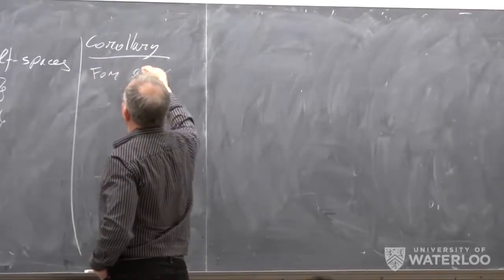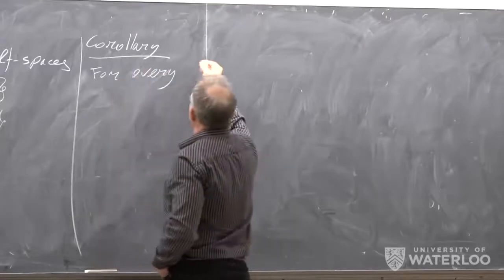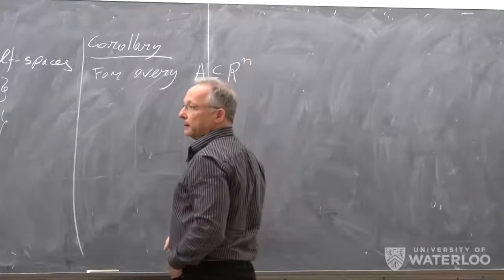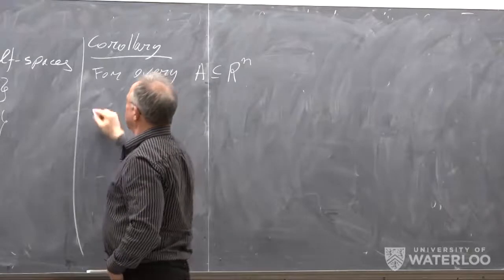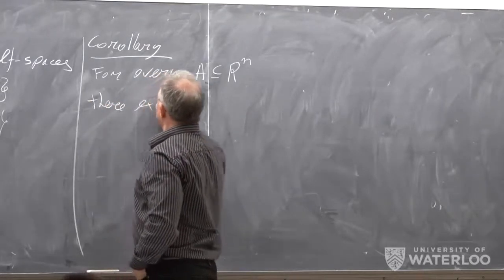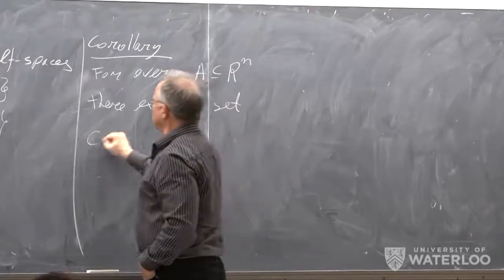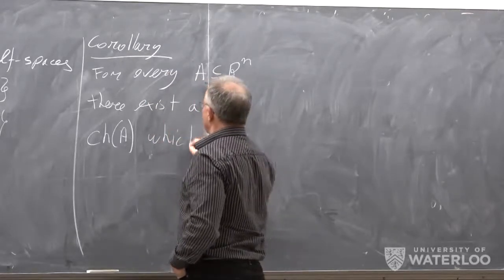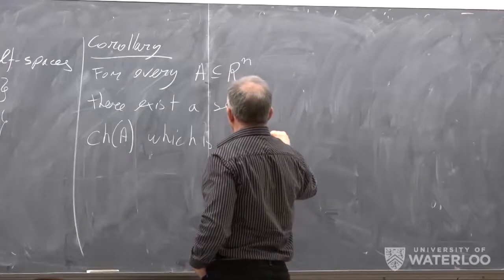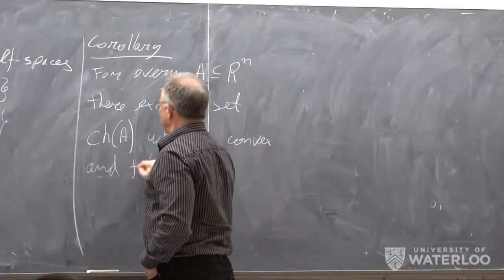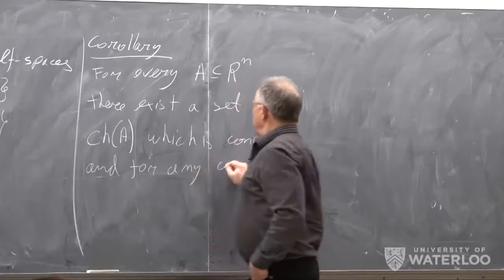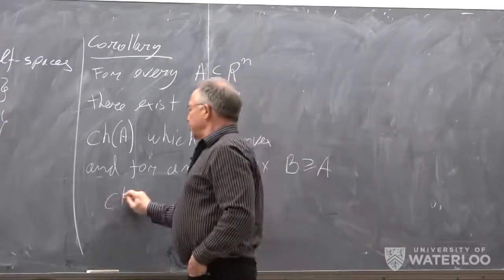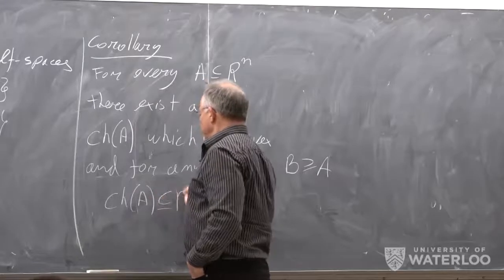For every set A, subset of Rn, there exists a set, the convex hull of A, which is convex, and for any convex B superset of A, this convex hull of A is a subset of B.